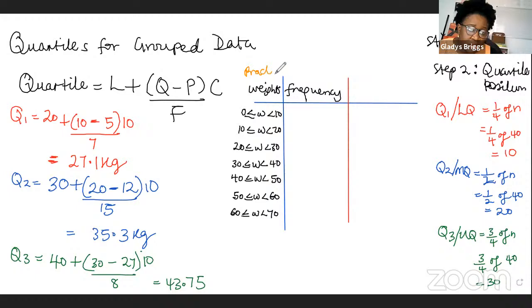Practice. This is 11, 9, 5, 7, 12, 16, 12. Okay. Find the quartile positions for that bit of data there, okay?